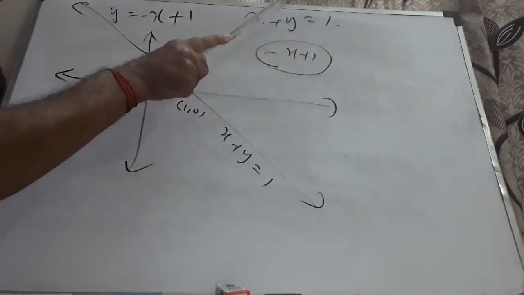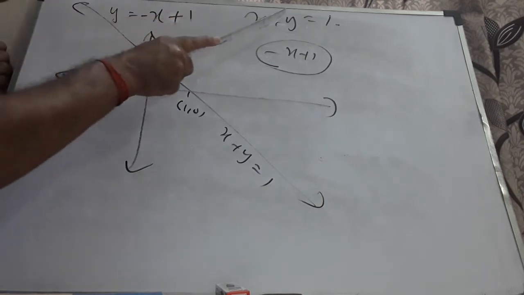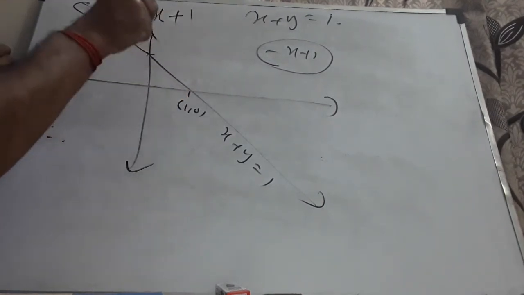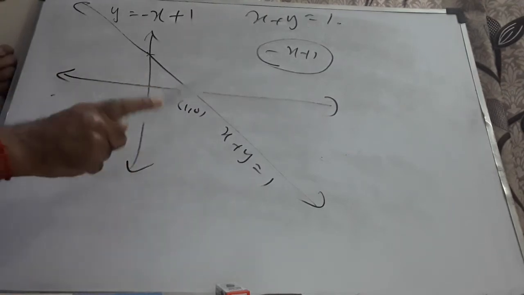As a straight line, I'll be able to think of 2 points through which it passes, and then by plotting and joining them, I'll be able to draw the graph.